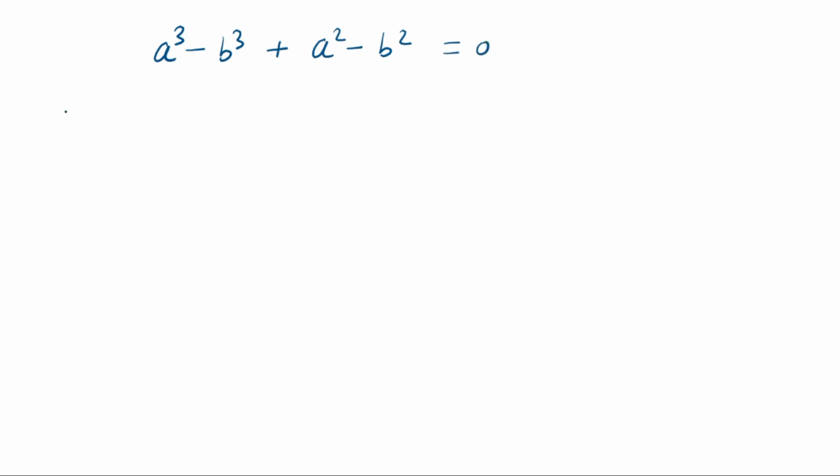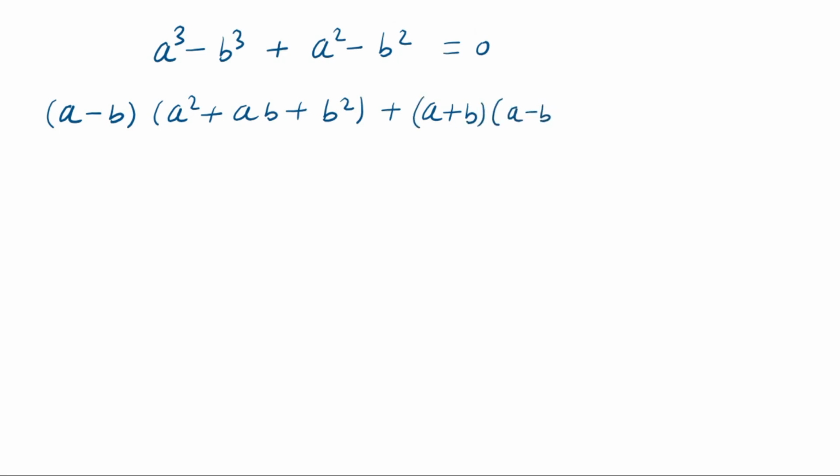The factorization of a cube minus b cube is (a - b)(a^2 + ab + b^2), and the factorization of a square minus b square is (a + b)(a - b), and this is equal to 0.